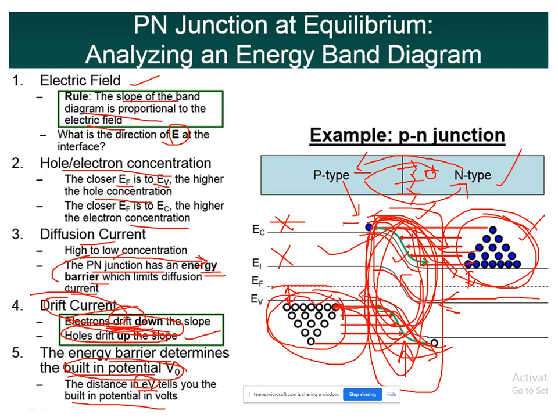And there is something called the energy barrier, that itself is the slope, and that itself is the depletion region, which is limiting the diffusion current, right? So all these things are happening inside the PN junction. We know what a PN junction is, but we are studying in depth what happens in the PN junction at equilibrium. At equilibrium, in the sense, again I am repeating, we have not given any voltage to the PN junction.